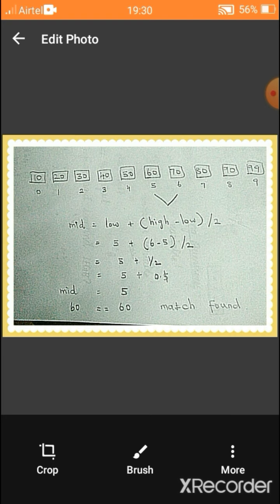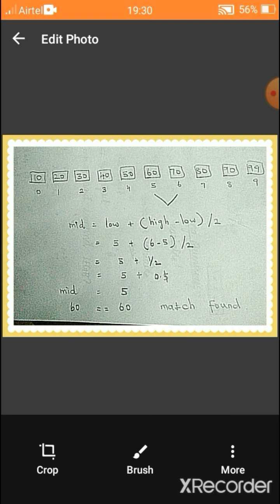Elements in the list must be in an order. It takes the middle value. If the middle value matches the target key, it produces the output, match is found. Otherwise, it checks the target value with the middle value. If the target value is greater than the middle value, it goes to the right side of the list.